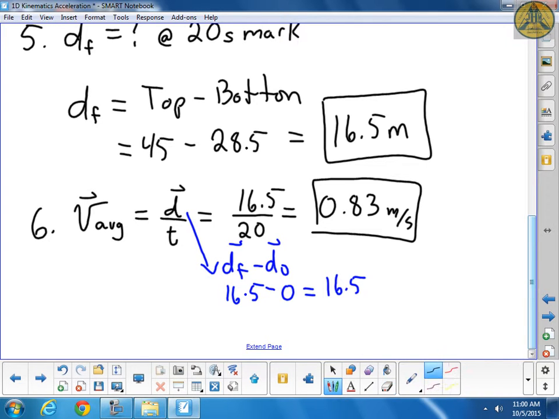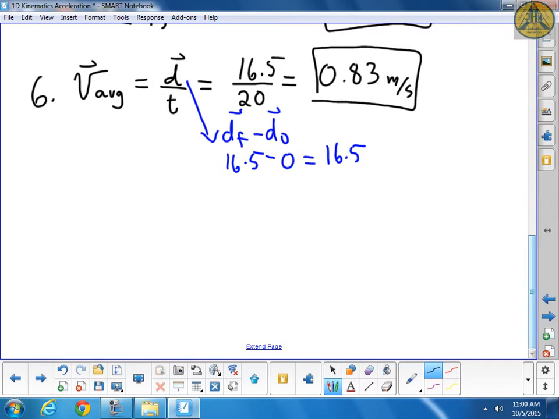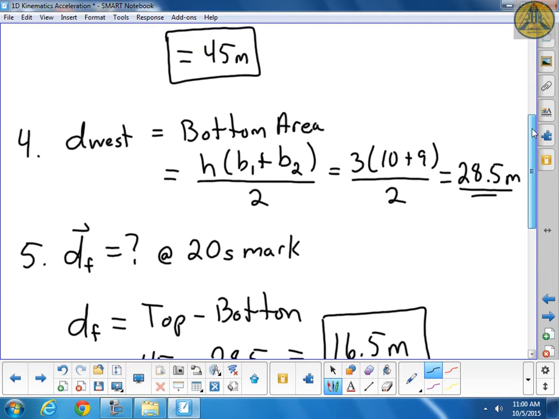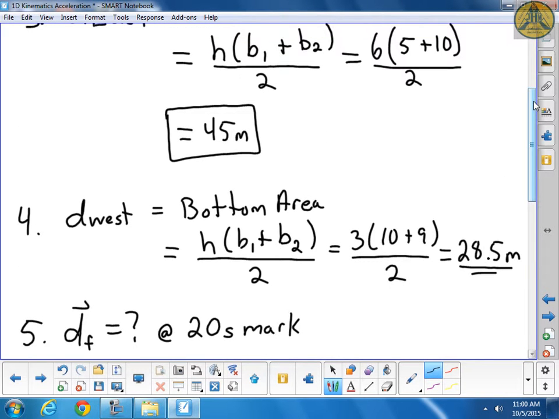So it's 45 plus 28.5, and that took 20 seconds. So it's 73.5 divided by 20. So the average speed for the whole thing works out to be 3.68-ish meters per second, somewhere around there. 3.68.